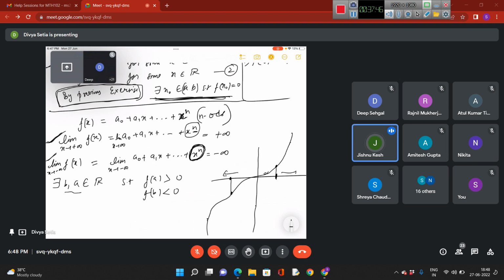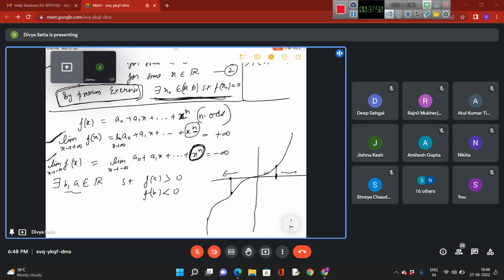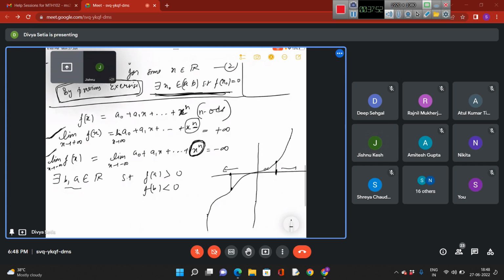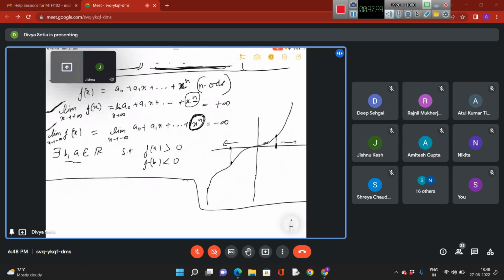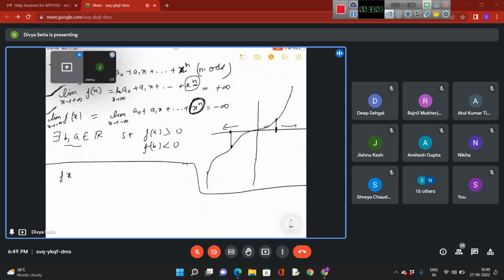But how do we make this statement precise? A precise mathematical statement. So the precise statement is, do the calculations. Write your function in this form, a0 upon x raised to power n.